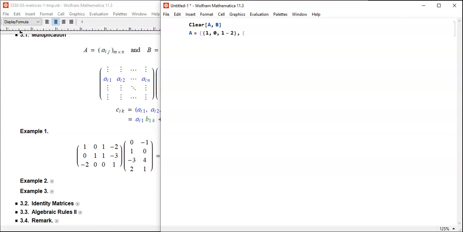And then the next row, 0, 1, 1, negative 3. And then the third row, negative 2, 0, 0, 1. And that's how I represent a matrix in Mathematica: brace open, brace row, brace row, brace row, and then brace close.